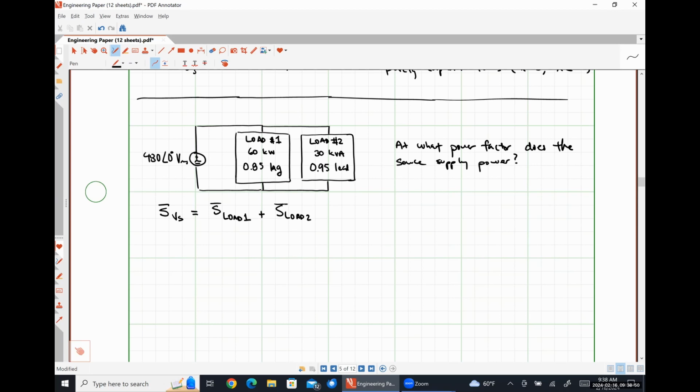So effectively, my source is supplying power to both of those loads. So whatever power it supplies has to be equal to whatever power the loads absorb. Anybody have any beef with that? That's just the law of conservation of energy.